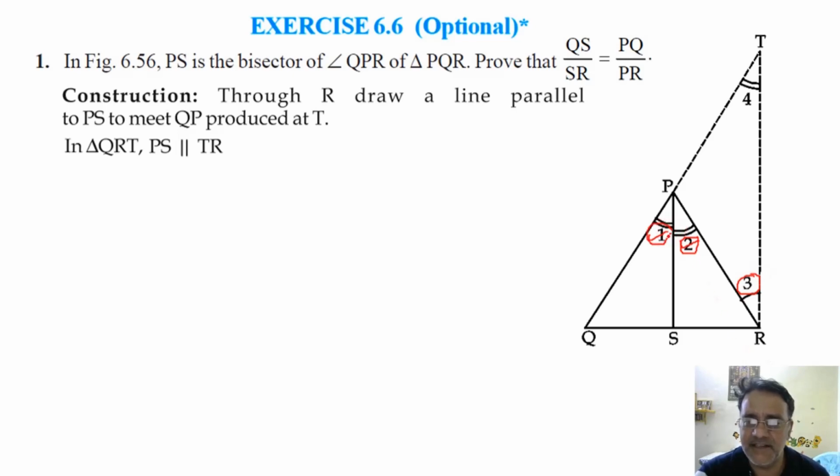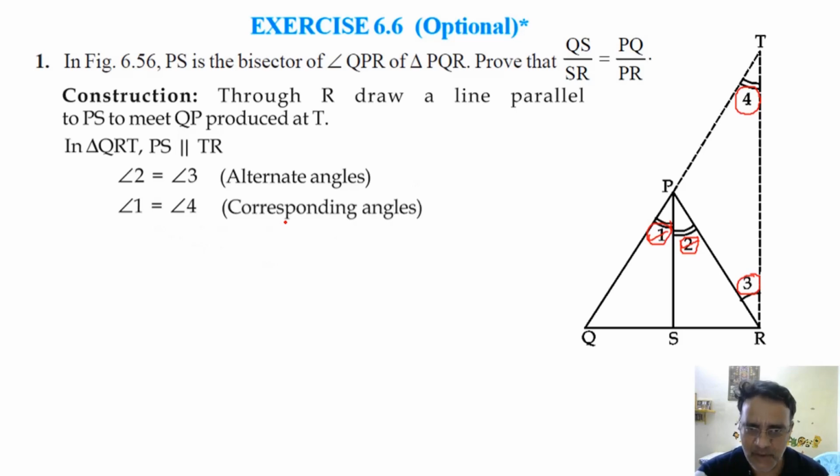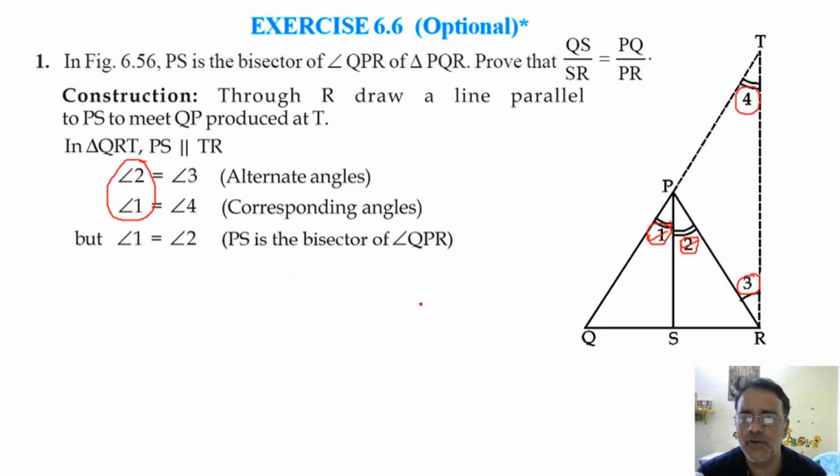And angle 1 is equal to angle 4, corresponding angles. So angle 2 is equal to angle 3, alternate interior angles. Angle 1 is equal to angle 4, corresponding angles. But angle 1 is equal to angle 2. Why? Because PS is the bisector of angle QPR. So therefore these two are also equal.